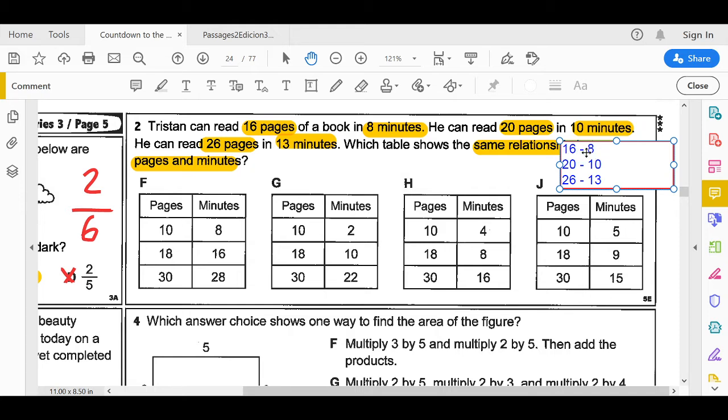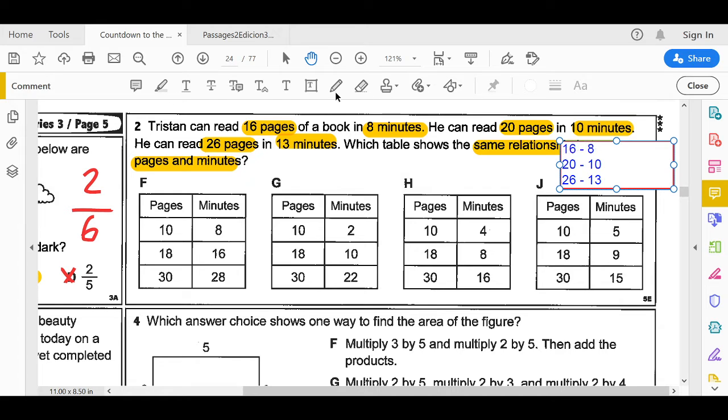So 8 times 2 is 16. 10 times 2 is 20, 13 times 2 is 26. We need to find a table right here on these 4 options in which the number of minutes is half the number of pages. Or we can also just think about it this way. The number of pages should be double the number of minutes.